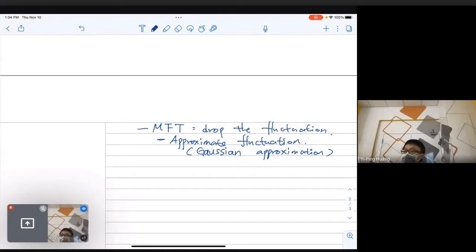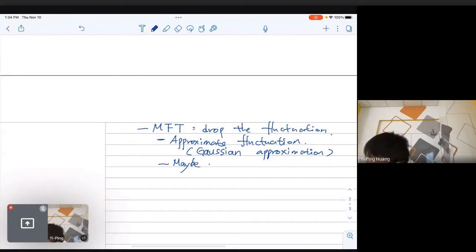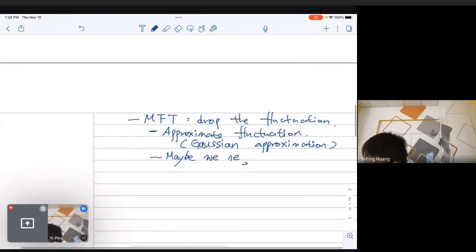However, it does not modify the other critical exponents. So we realized that maybe including Gaussian fluctuation is not enough, and we need to go beyond the Gaussian approximation.